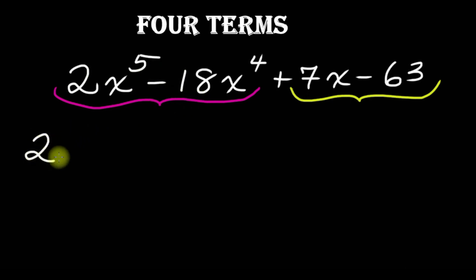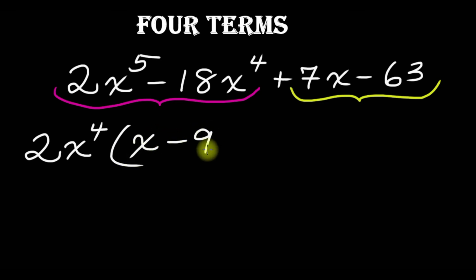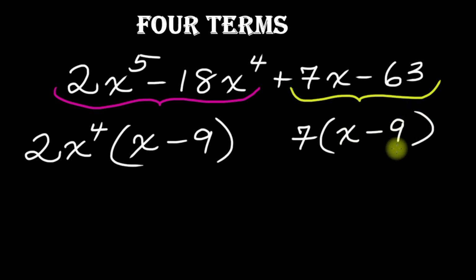Looks like we can pull a 2 out and then x to the 4. And then you have x left over minus 9. And then here you're going to be able to pull a 7 out. And then you're left with x take away 9. Okay, and then you're going to factor the common binomial.